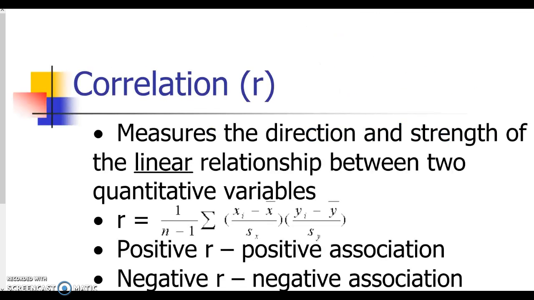All right, so I said a minute ago that we were going to look at a statistic that helps us determine the strength of a linear relationship, and that statistic is called the correlation coefficient, and we use the letter R to describe the correlation of the data set. It measures the strength and the direction of the linear relationship between two quantitative variables.